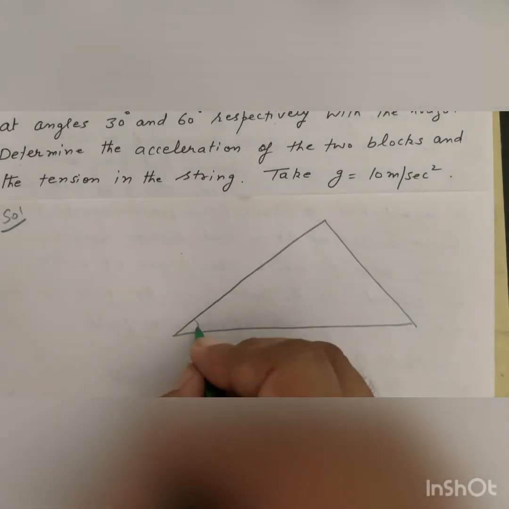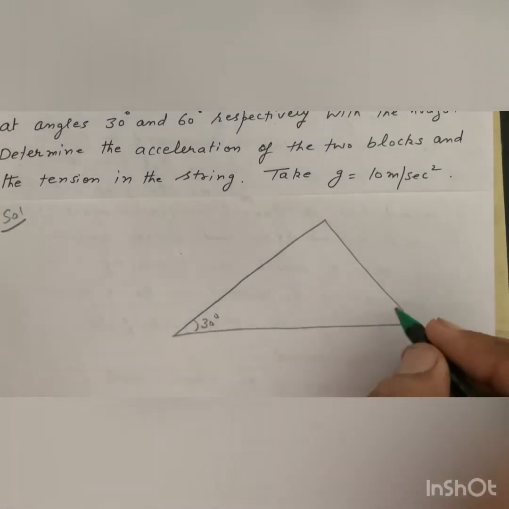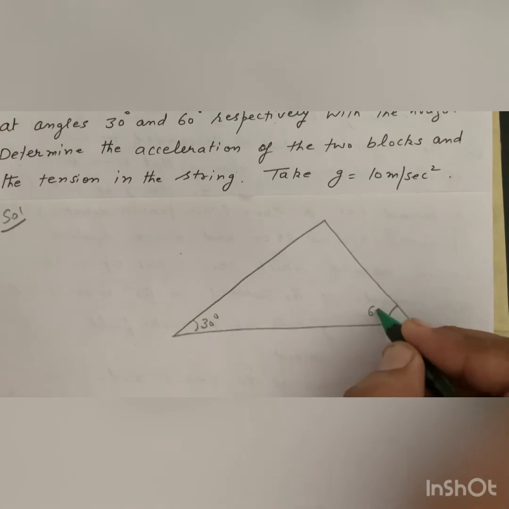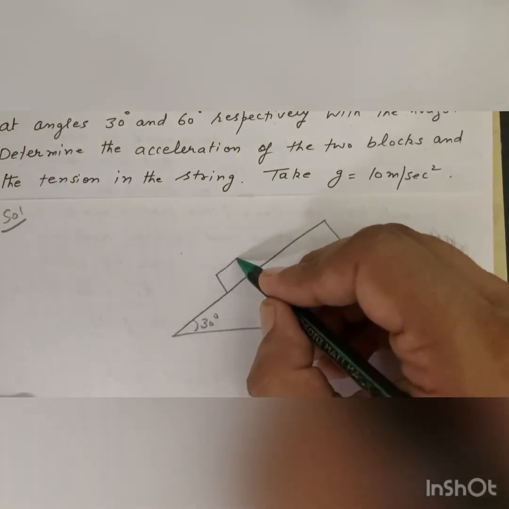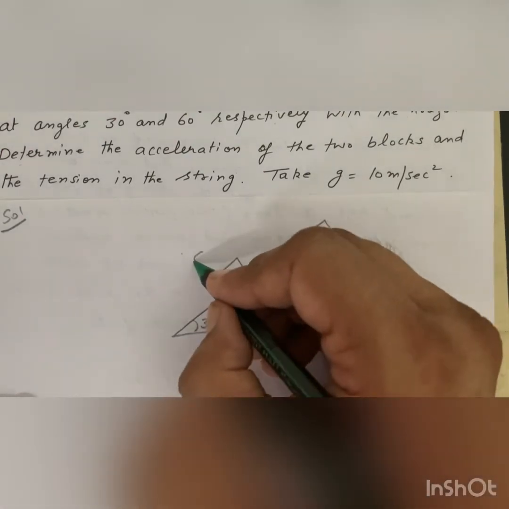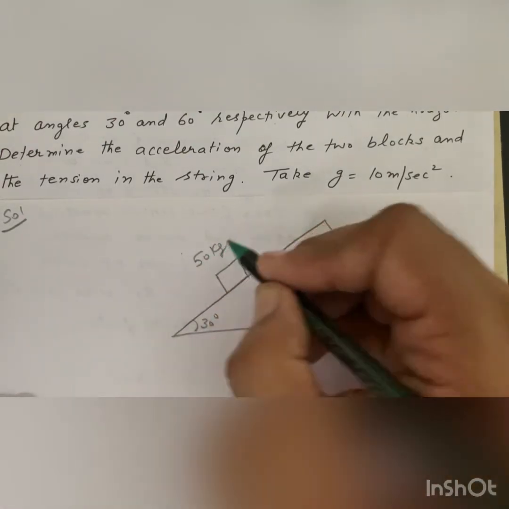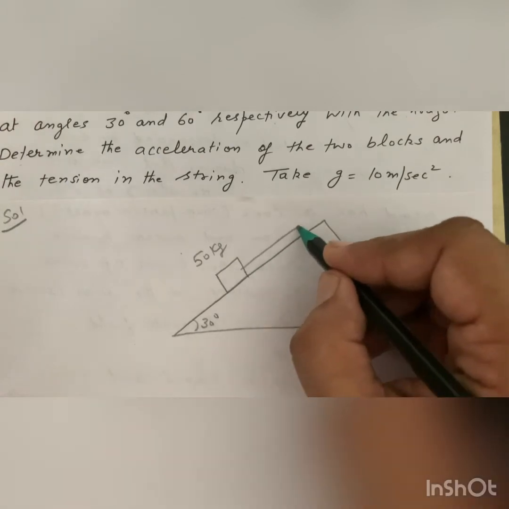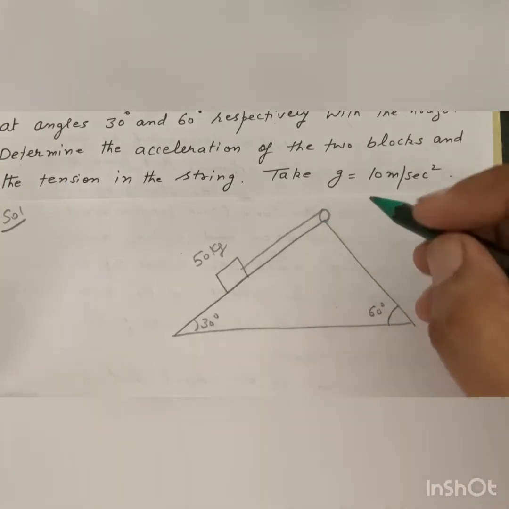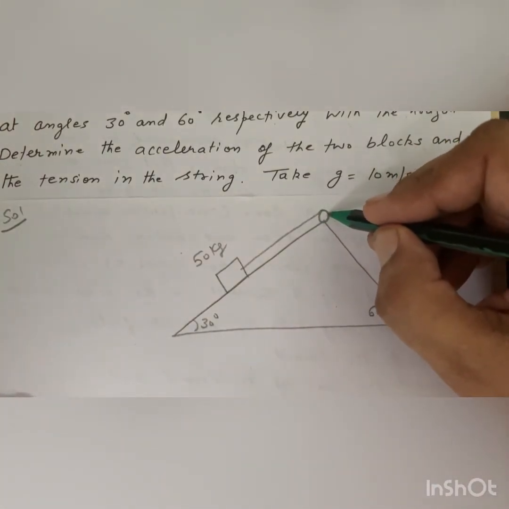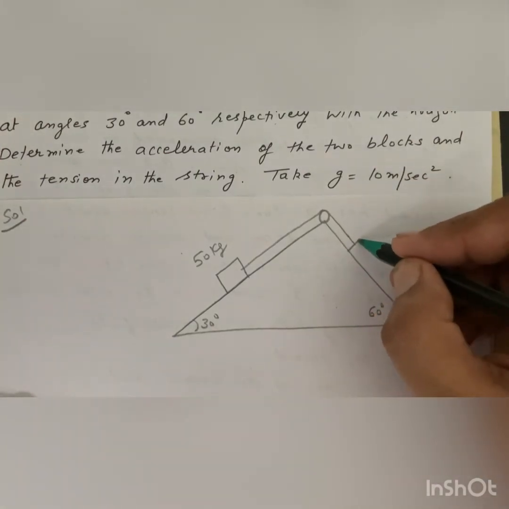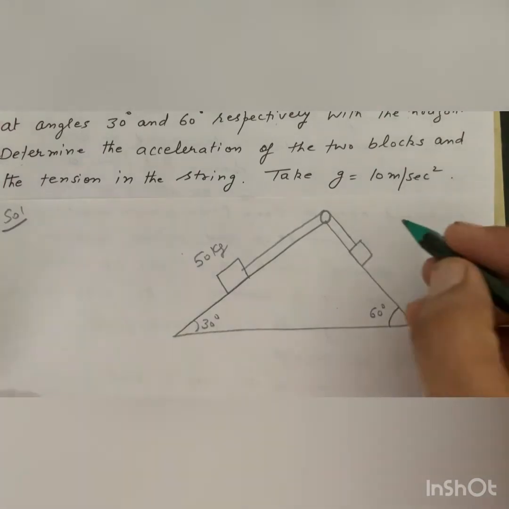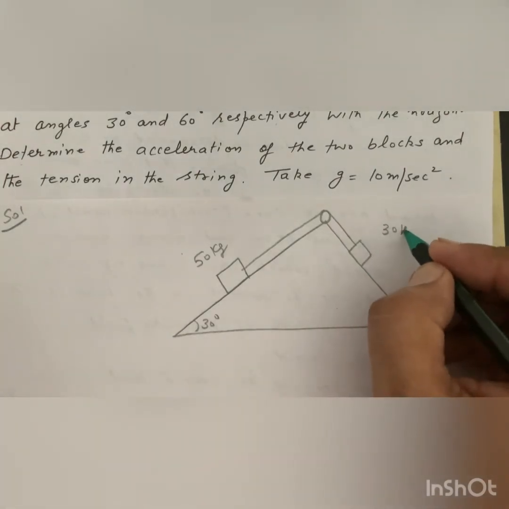This angle is 30 degree and this angle is 60 degree. Here the mass of 50 kilogram is connected to another mass of 30 kilogram.